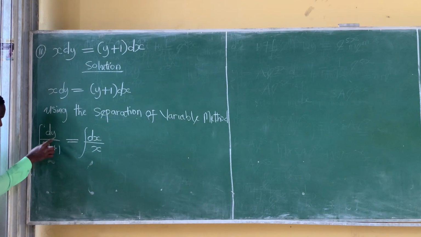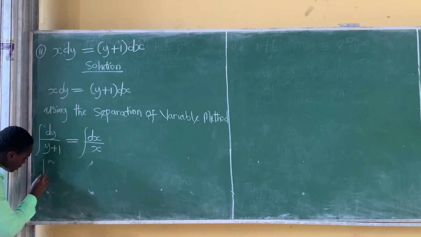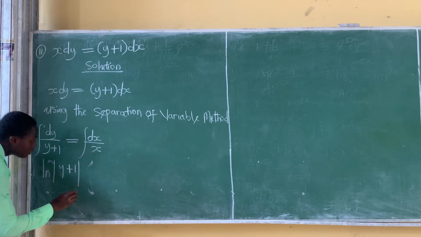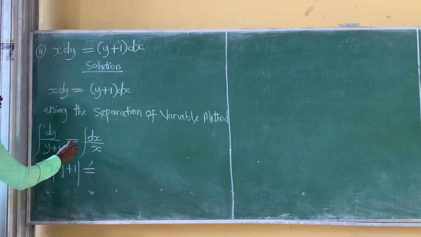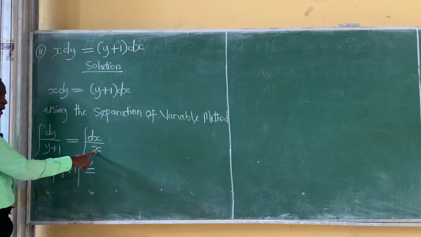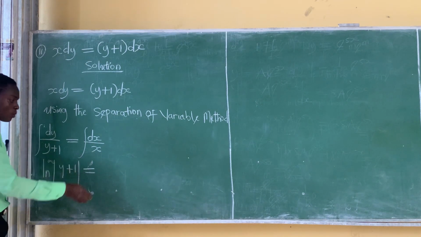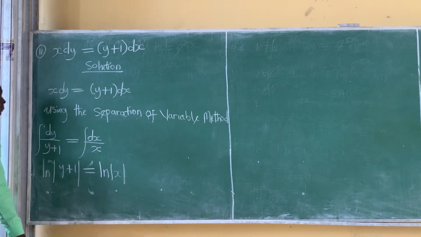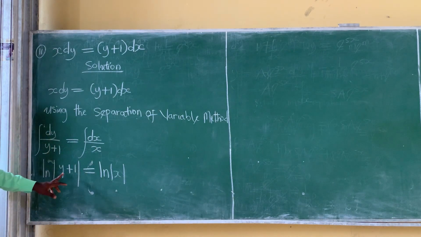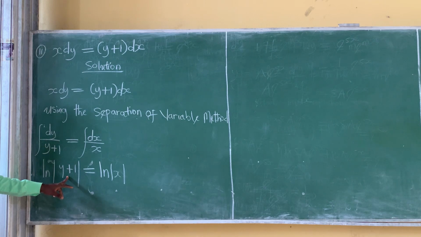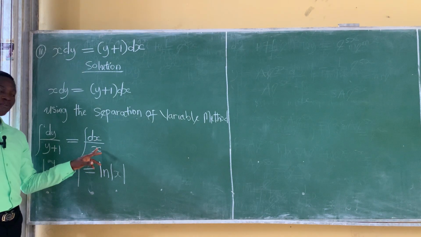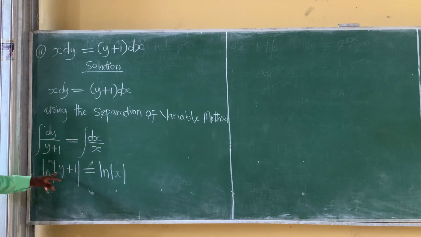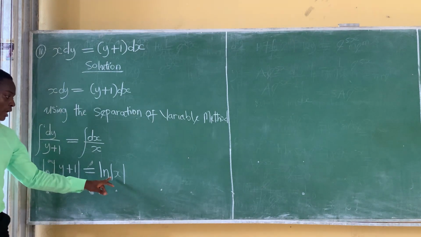On the right hand side, if you integrate 1 over x with respect to x, you have the natural log of x. Please take note: if you integrate 1 over y plus 1, you have the natural log of y plus 1, and if you integrate 1 over x, you have the natural log of x. So ln y plus 1 equal to ln x.